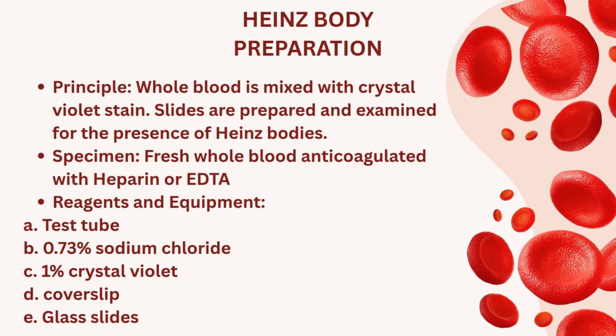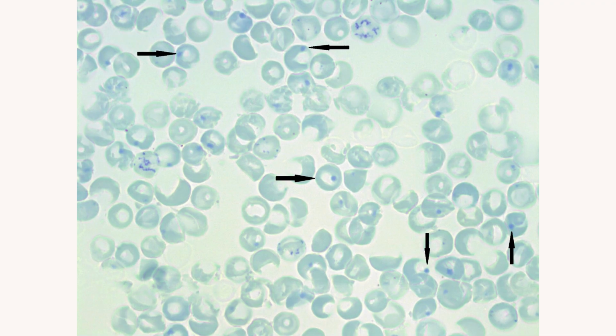So the stain here is a supravital stain, so we'll be using 1% crystal violet. Or you can also use new methylene blue or brilliant cresyl blue.